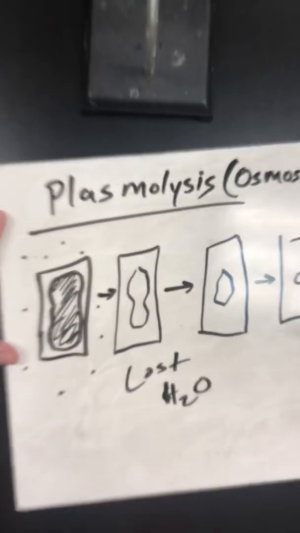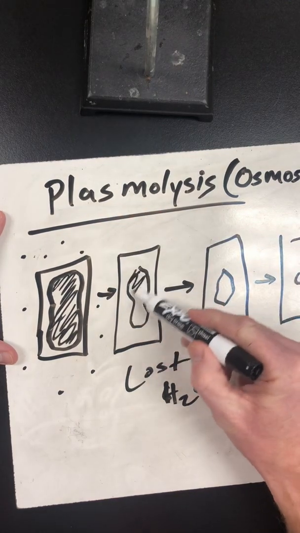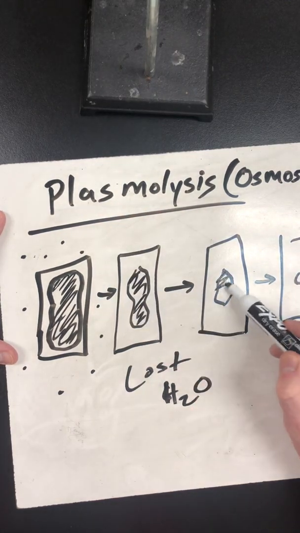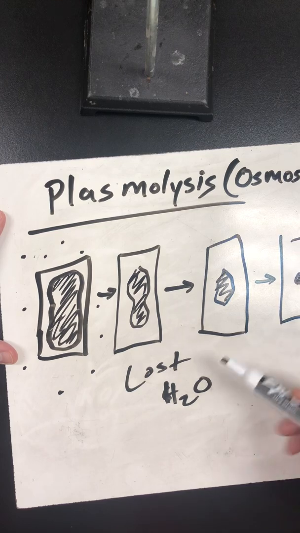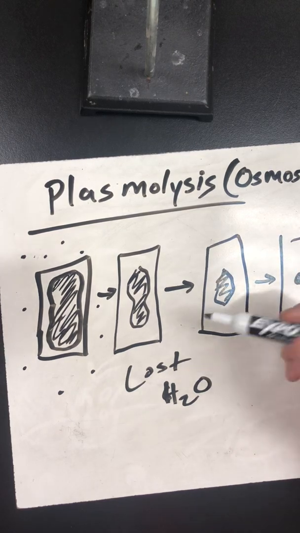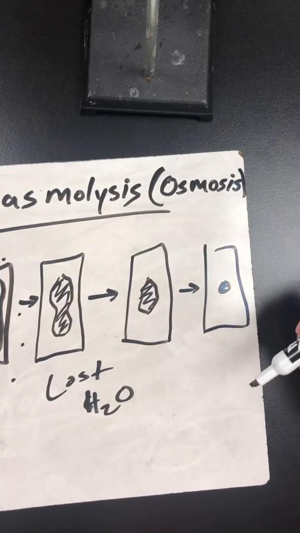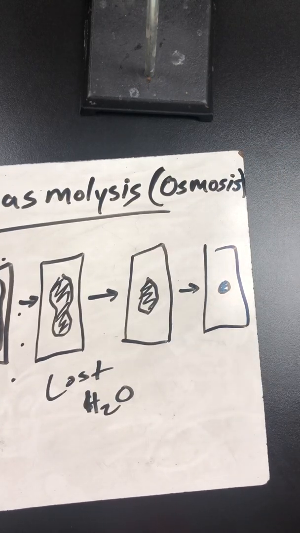We put it in a hypertonic environment, okay, because there's a bunch of solutes. So let me color these to be consistent, all right? This will cause the plant to be limp, or possibly wilt, and maybe eventually die because it's lost too much water. This is what happens if you don't water your plants enough, okay?